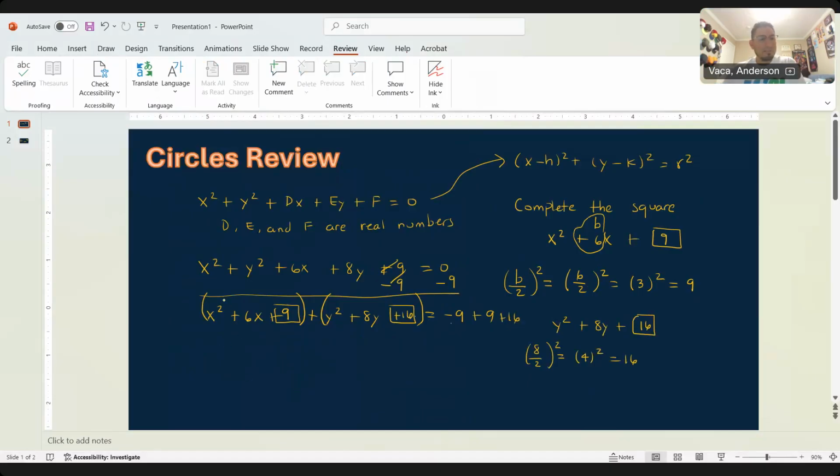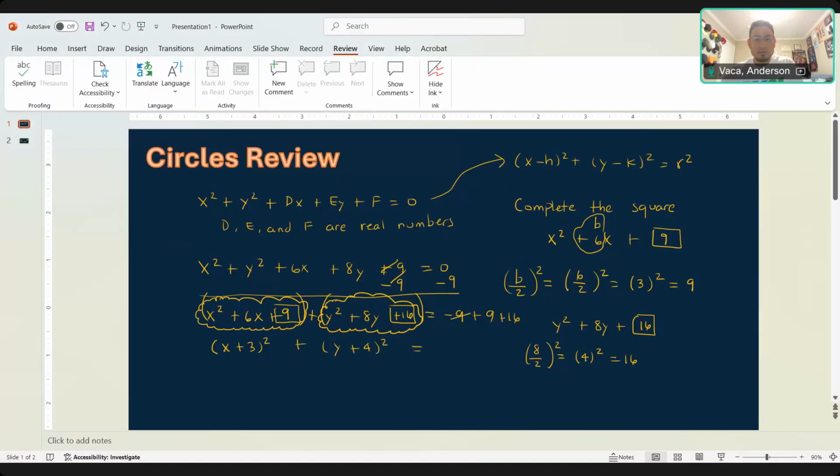Why do we do that? We do that because this trinomial is now factorable. So is this trinomial. And so this factors into x plus 3 quantity squared plus y plus 4 quantity squared.